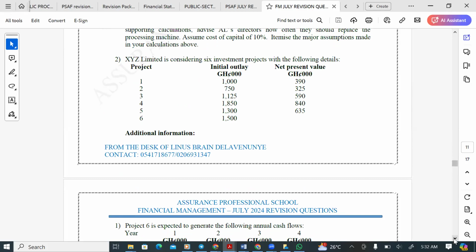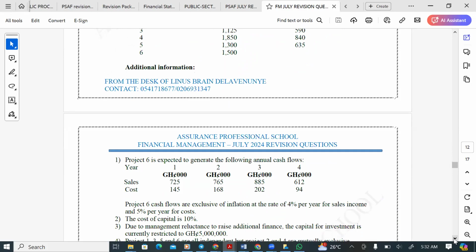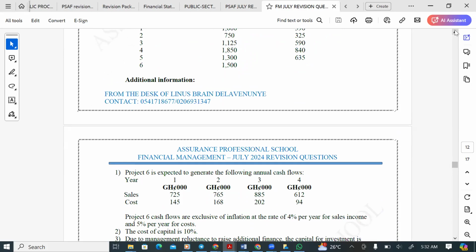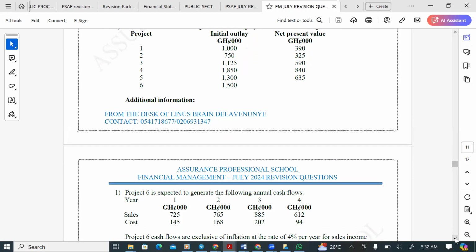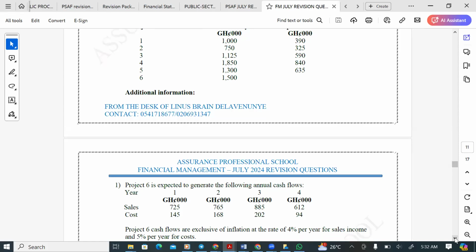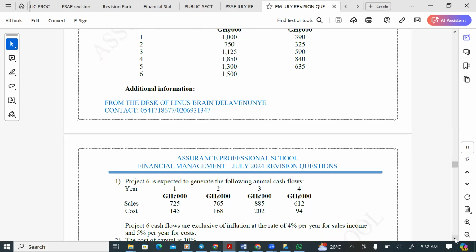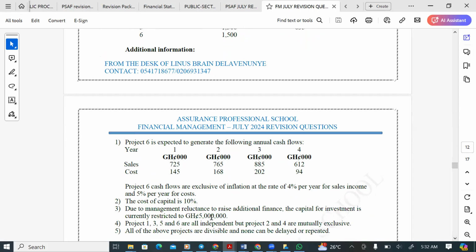If the project is not divisible, it means that you cannot undertake parts. We just pick the values here and look at a combination of the various projects. The one that is given as the highest NPV is 840, so we undertake that project first because the other projects are not divisible. We select based on the highest NPV, looking at the cash that we have.